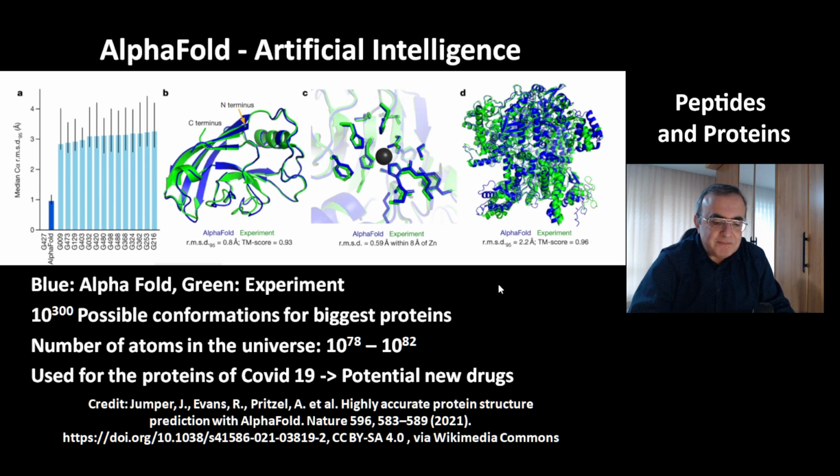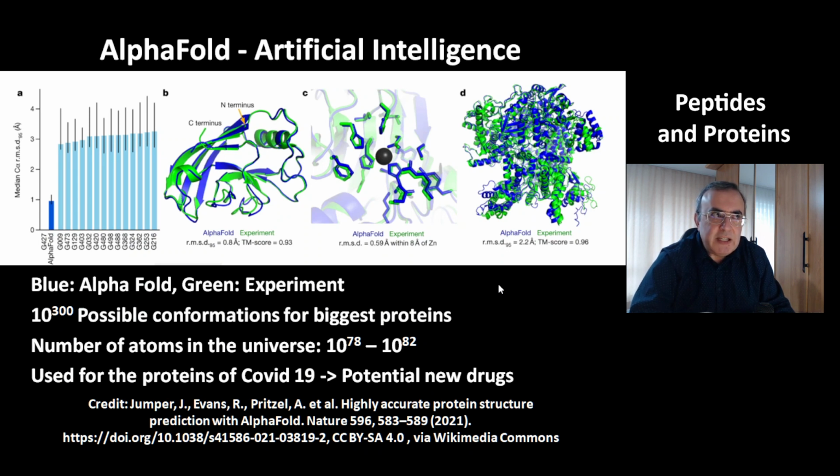And every single bond can rotate. This means if you have a very big protein molecule, you have a very high number of possible conformations. This number can reach 10 to the 300. And for comparison, the number of atoms in the universe is estimated to be between 10 to the 78 to 10 to the 82.